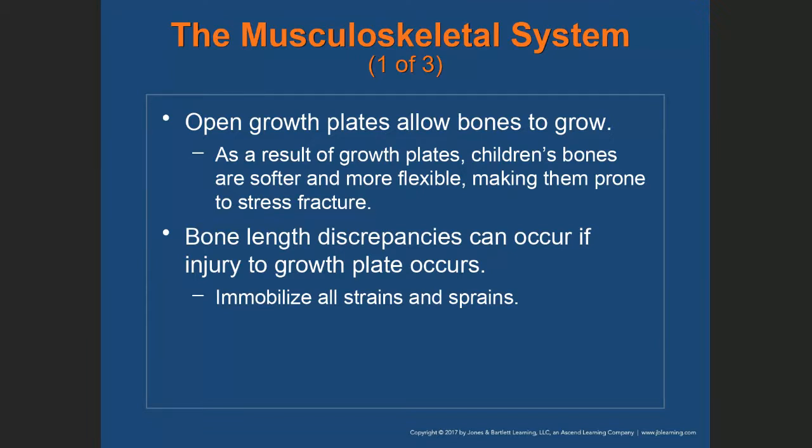Now, once they're at a stage where the bone is still growing, wherever the growth plate is going to be the weakest point of the bone. So it's going to be the area of the bone that is prone to fracture. And if a fracture occurs at the growth plate, it can also interfere with how the bone grows and they can have permanent deformity where one limb is longer than the other.